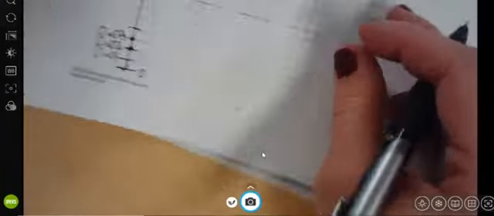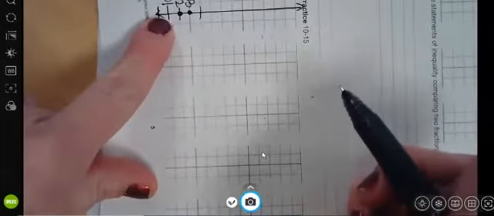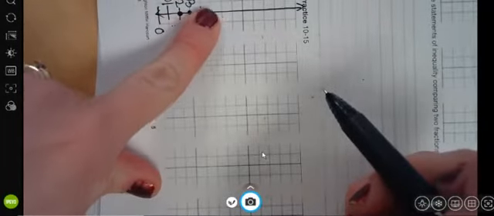Some people, if you get confused, you can turn it this way, and then your lesser numbers are on the left, and your greater numbers are going to be to the right.